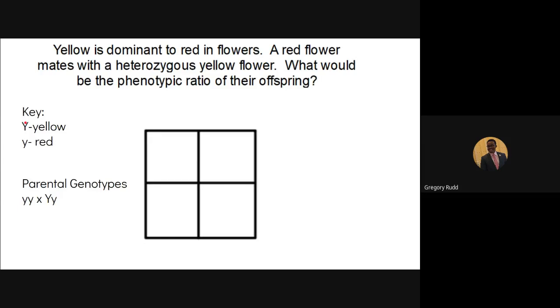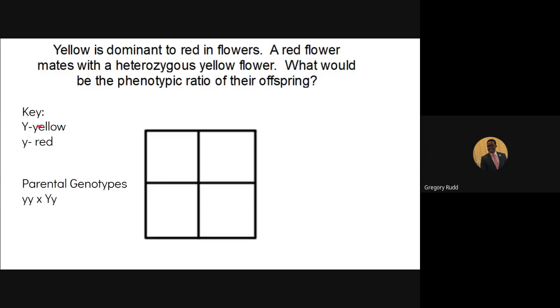A capital Y represents the dominant allele, which is yellow, and a lowercase y represents the recessive allele, which is red. We've got a red flower mating with a heterozygous yellow flower. The red flower, therefore, must be homozygous recessive. That's the only way we can have red.